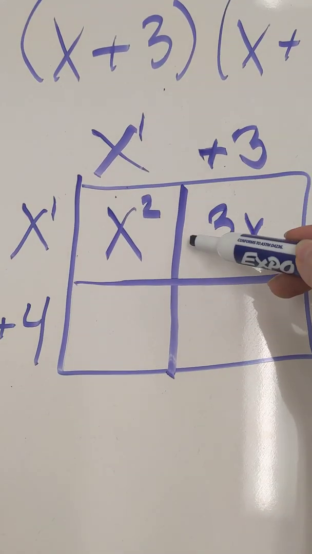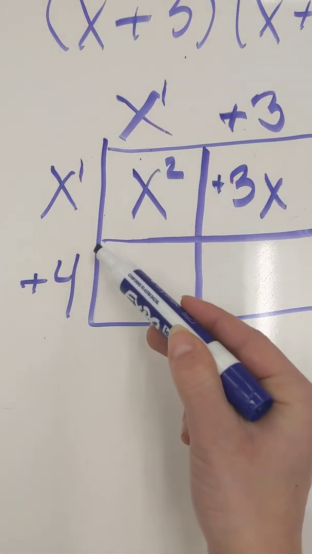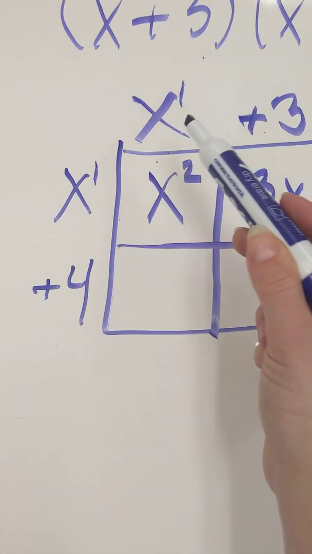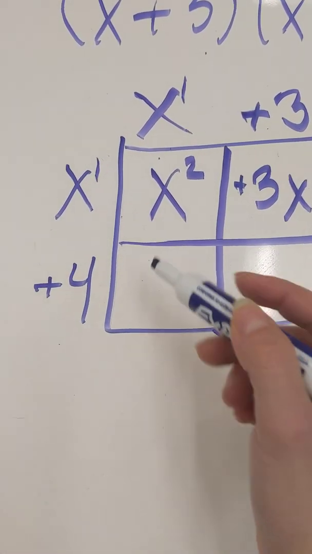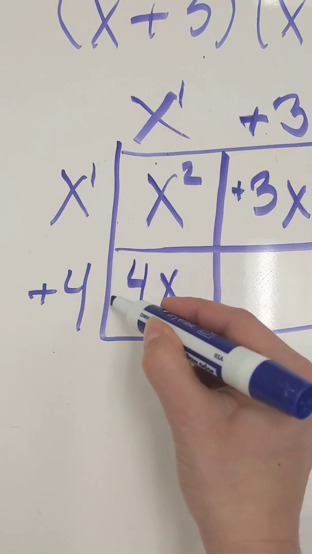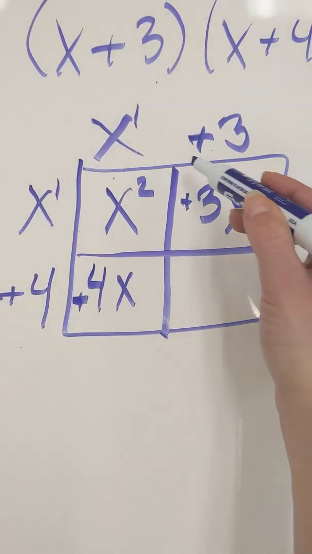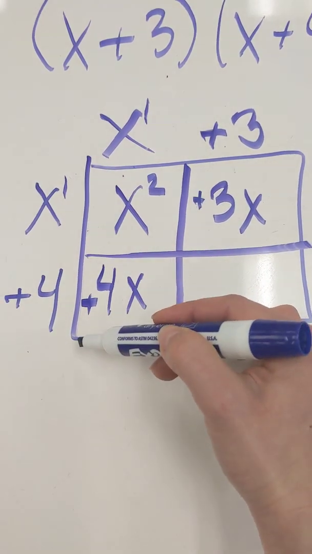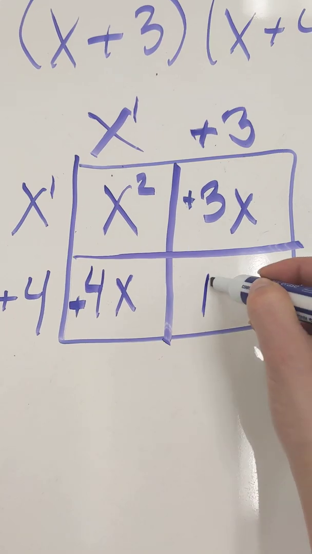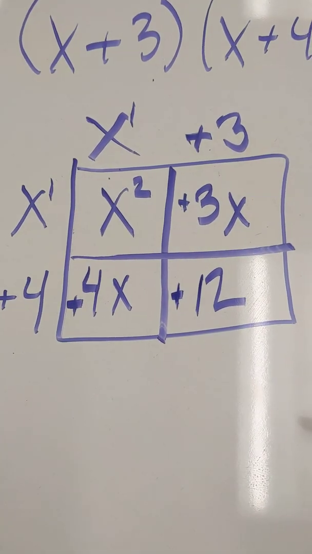It may be beneficial to bring down this plus sign so that you remember it's positive. This now has a side of 4, and then this side matches this side, which was x. So x times 4, 4x. And once again, you may want to drop down this plus sign to remember it's positive. Then the last box has this side, which is 3, and this side, which is 4. So 3 times 4 is 12. And positive, bring down this positive.